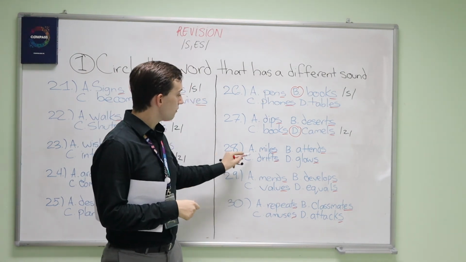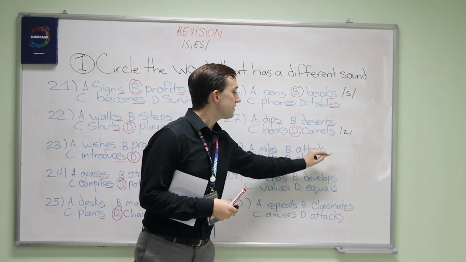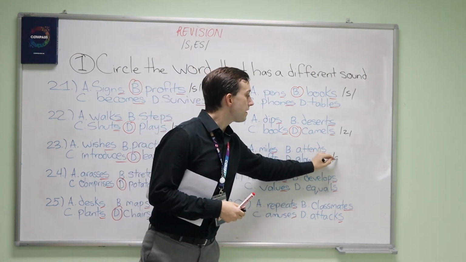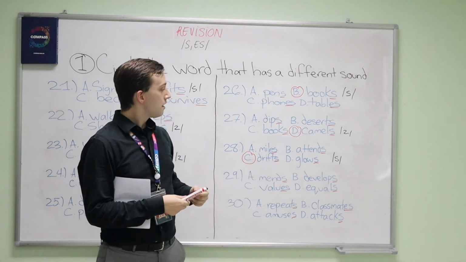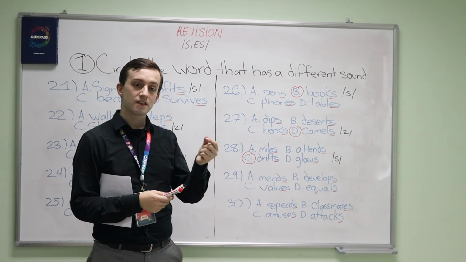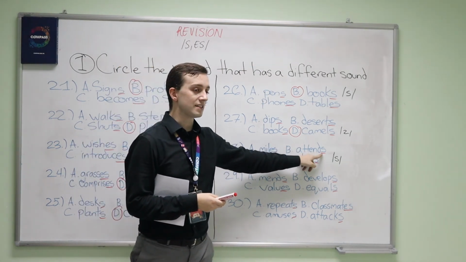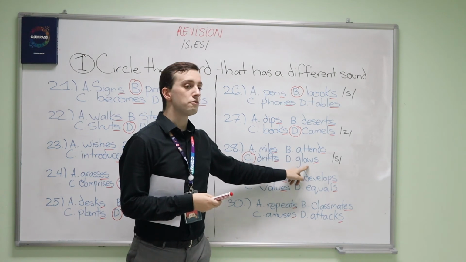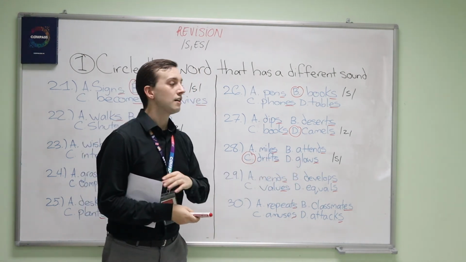So let's circle letter C. Because letter C, it has the sound S. But A, B, and D have the sound Z, like miles, attends, glows. But A is drifts.